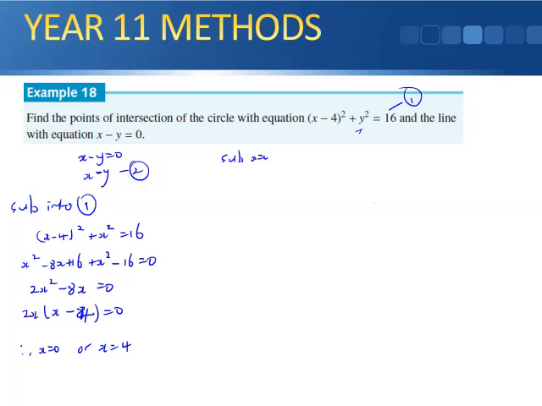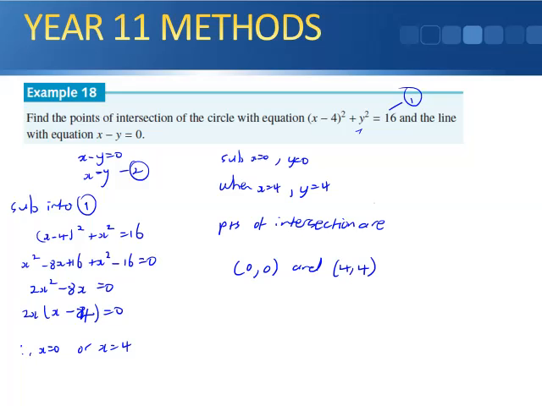Sub x equals 0 gives us y equal to 0, and when x equals 4, we get y equal to 4. So the points of intersection are (0, 0) and (4, 4).